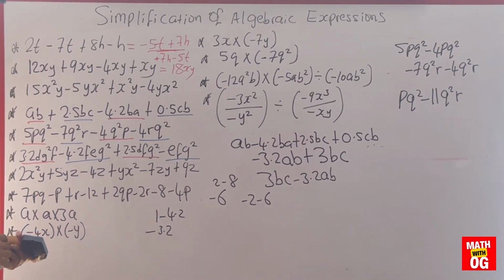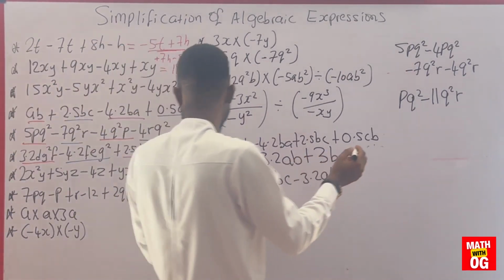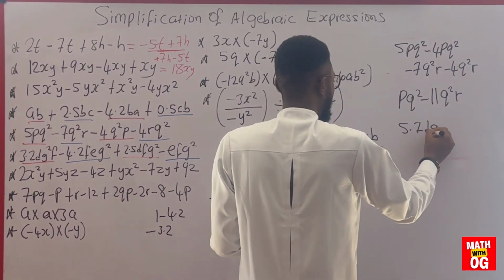Let's add it up without writing it first. We have 3.2 plus 2.5, which gives us 5.7. So I will have 5.7 DG squared F.